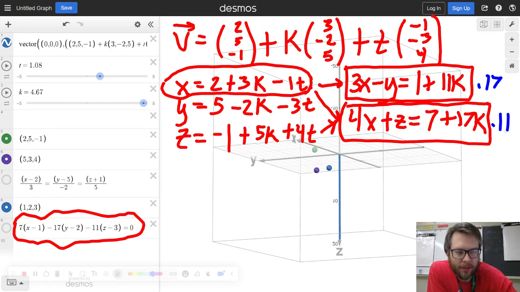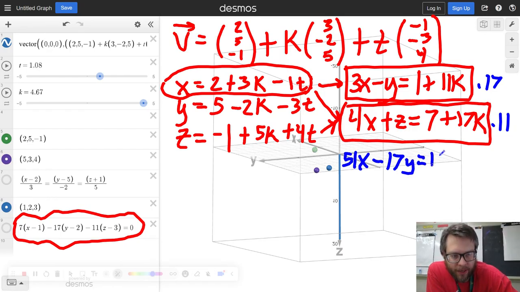Okay? So if I multiply the top equation by 17, 3 times 17 is 51x. Y times 17, minus 17y. Let's actually just write them out before I combine them. 1 times 17, and then 11 times 17, 187.